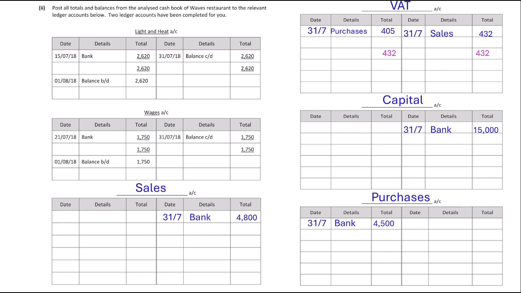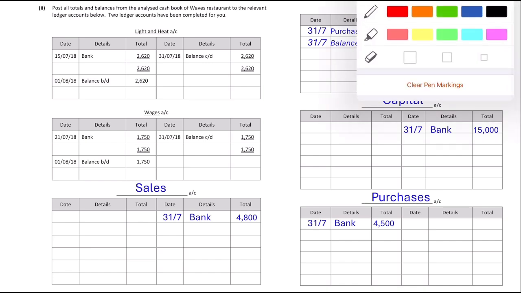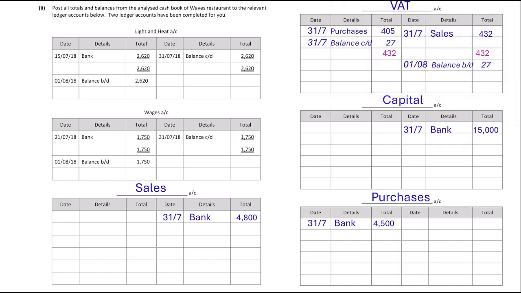So we want to balance these up. We write the biggest amount on both sides. You've got 432 on both sides. This side does equal 432, this side currently doesn't. So what do we need to add to the debit side, the left hand side, to make that 432? We would have to add €27. So on the 31st of the 7th, we have balance carried down, €27, and then balance brought down on the right hand side on the 1st of the 8th, €27.